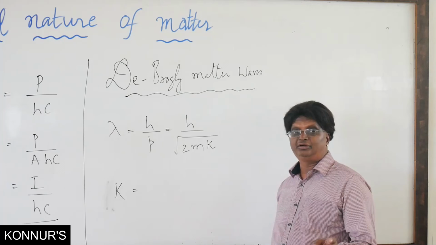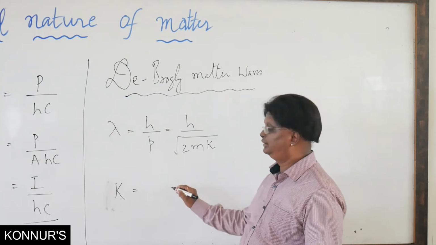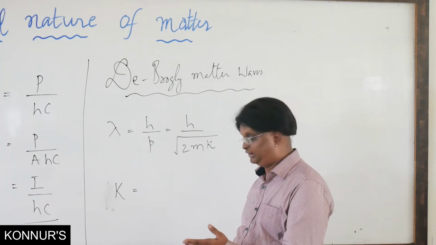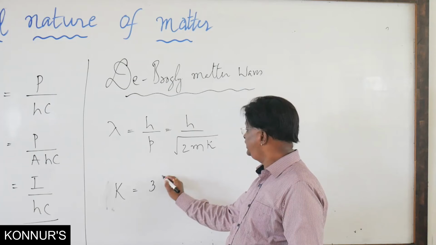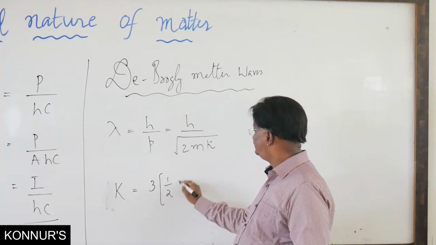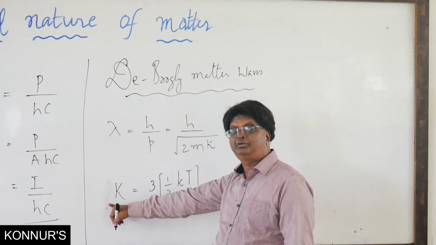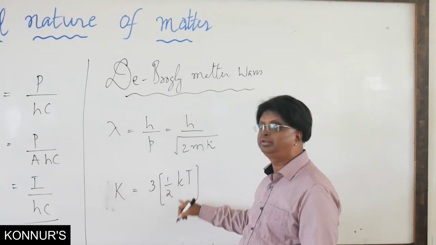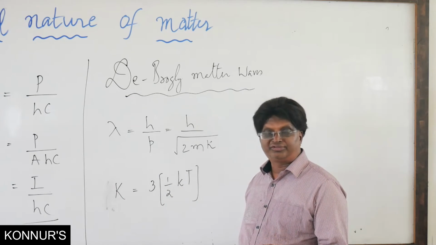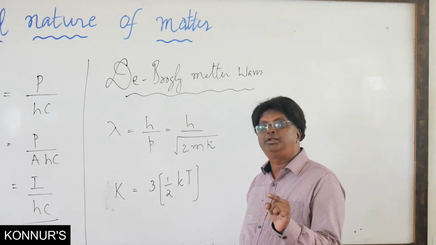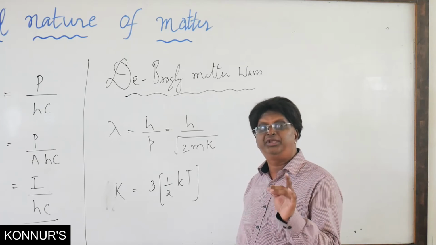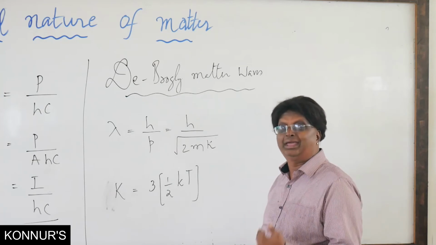K, the kinetic energy of a gas molecule. We know the law of equipartition of energy, according to which it is 3 times half small k capital T. This capital K for kinetic energy I am writing, this small k is for the Boltzmann constant, 1.38 into 10 raised to minus 23 joule per Kelvin.